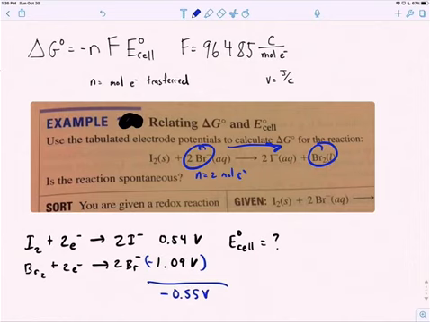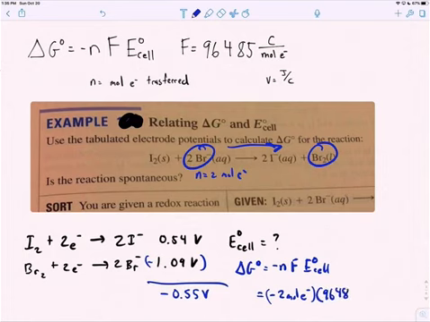So now we apply the delta G. Delta G0 is minus nFE0 cell. So minus 2 moles of electrons, then Faraday's constant, 96,485 coulombs per mole of electrons, and then minus 0.55 volts, which is a joule per coulomb.